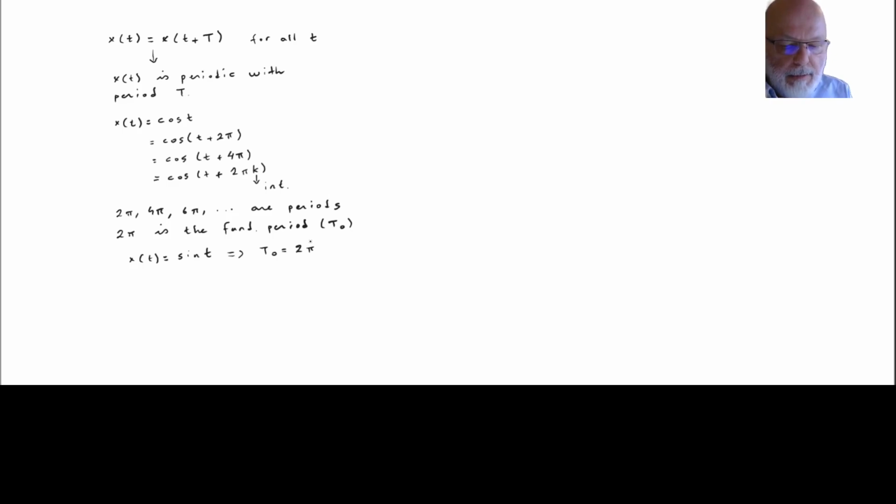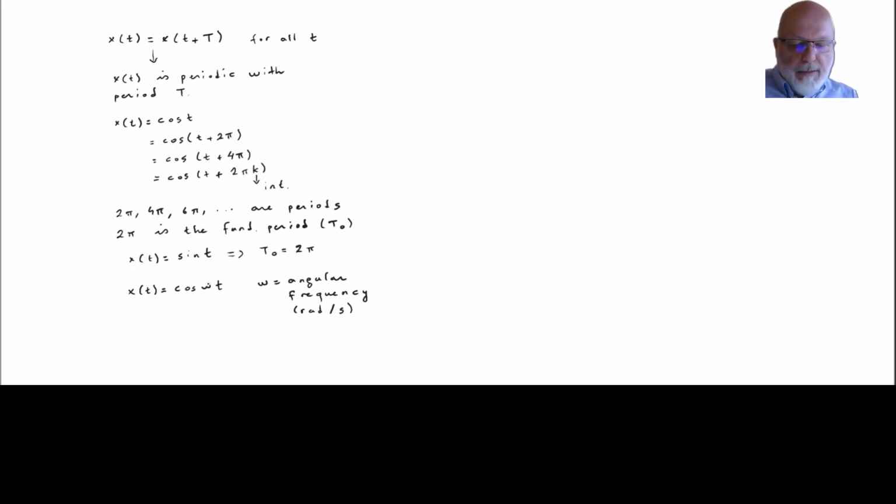Now, if we write down the following signal, for example, x of t equal to cosine omega t. Now this symbol here is the Greek letter omega representing the angular frequency. Okay, omega is angular frequency given in terms of radians per second.